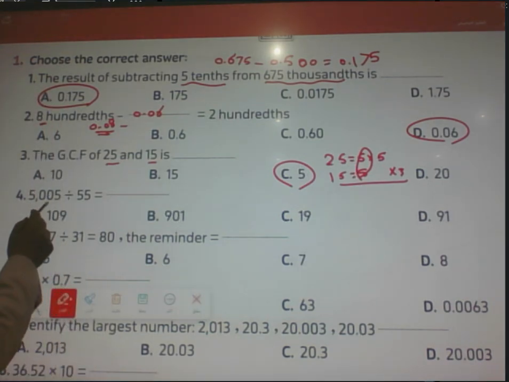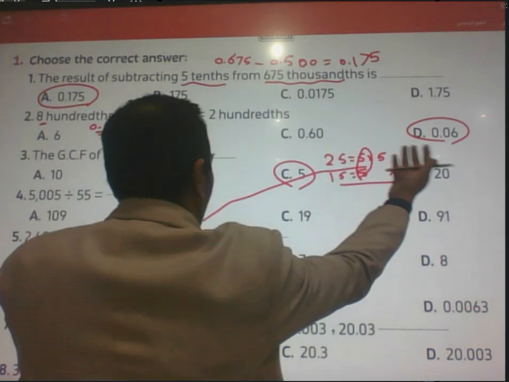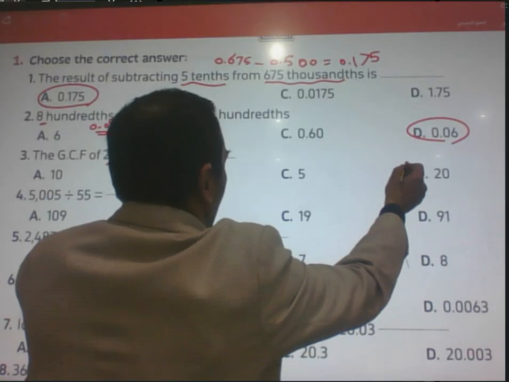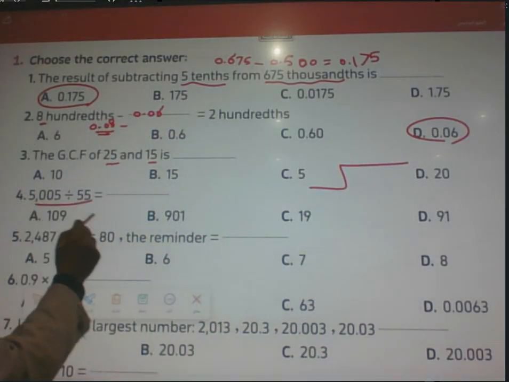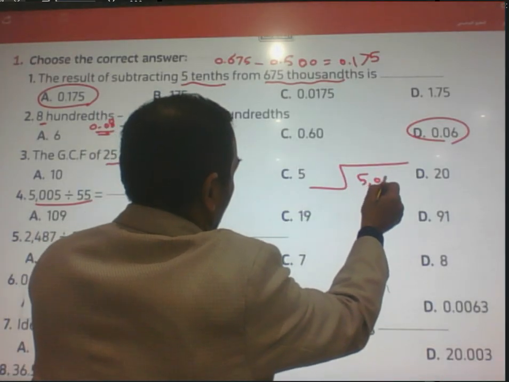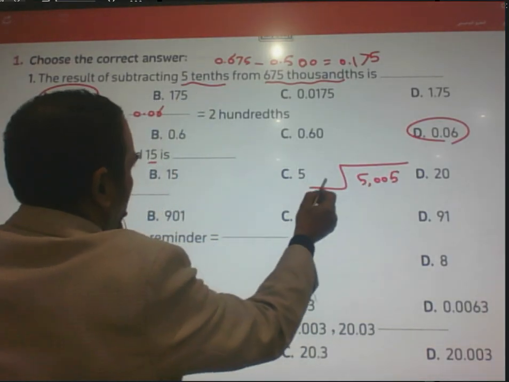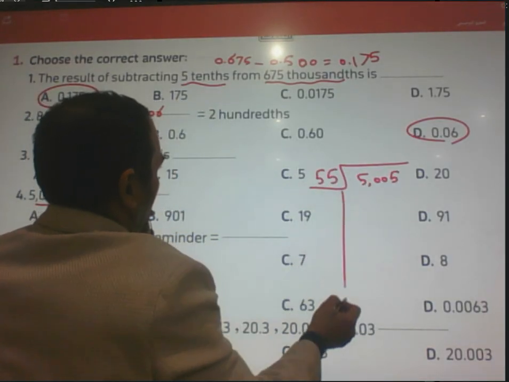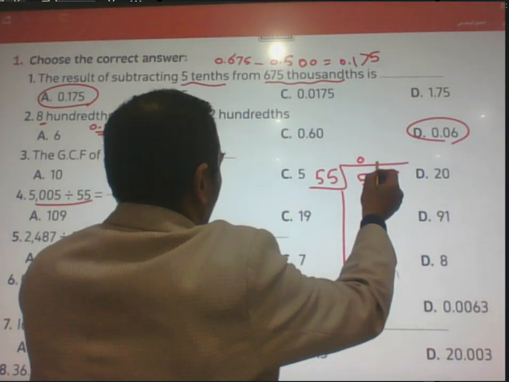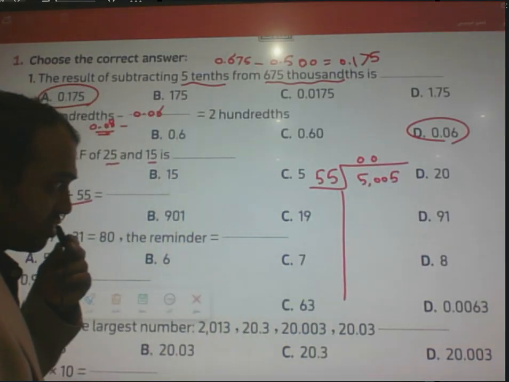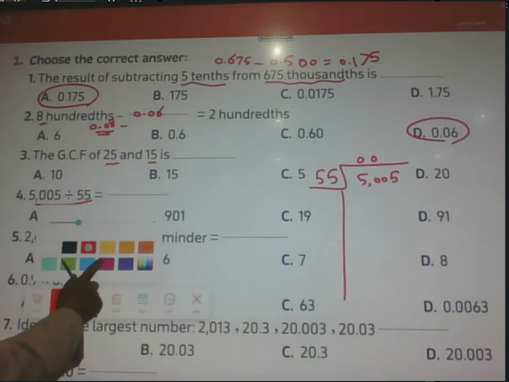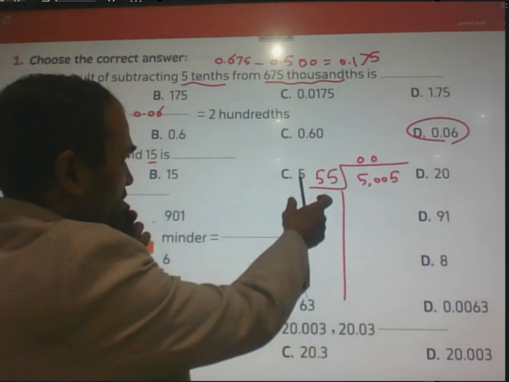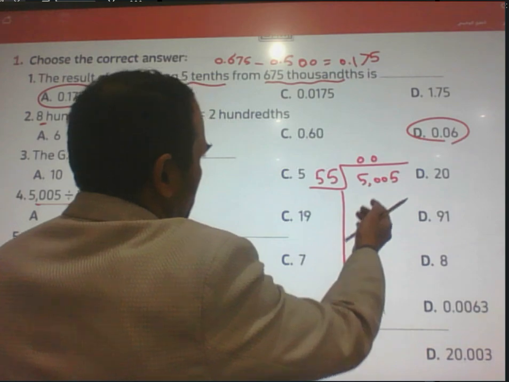This number 5005 divided by 55, I will draw here a standard organism about division. Right here is the dividend, 5005, and the divisor will be 55. 5 divided by 55, we can't do it, 50 also smaller, but 500 divided by 55, digit by digit.